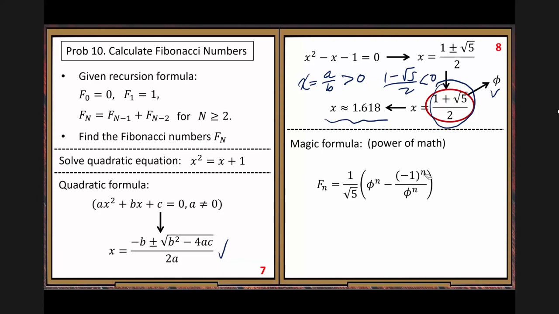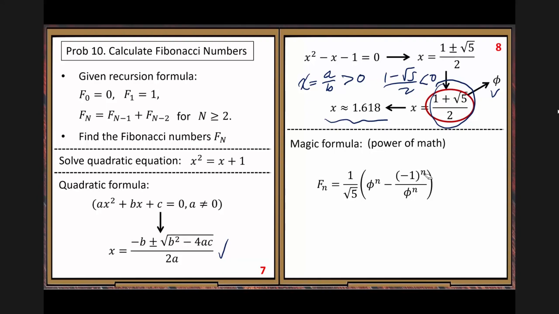Then inside the parenthesis, phi is another irrational number: 1 plus root 5 over 2. Another number with a lot of digits, not easy to represent accurately.